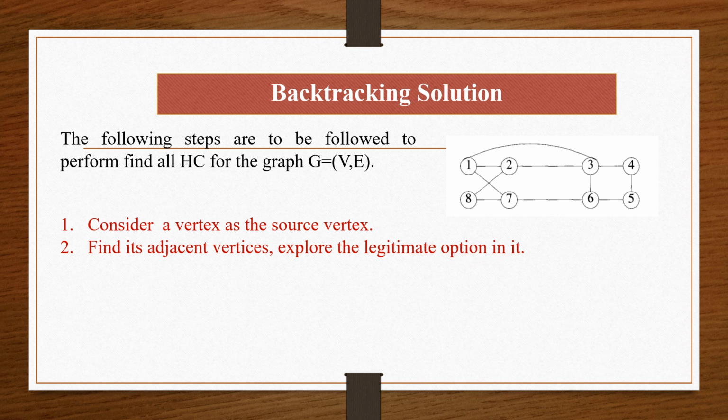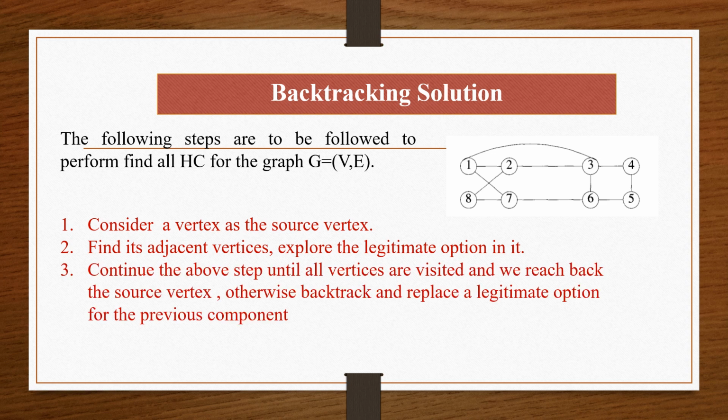So we need to explore the adjacent vertices of a selected vertex and check whether it is a legitimate option or not. And the third step is we will continue the second step until all the vertices are visited and we reach back to the source vertex. Otherwise, we will use backtracking and replace it with another option from the previous component.